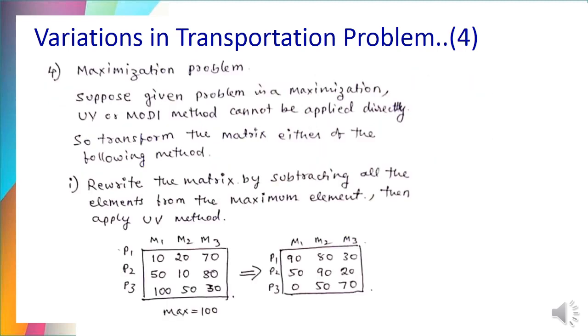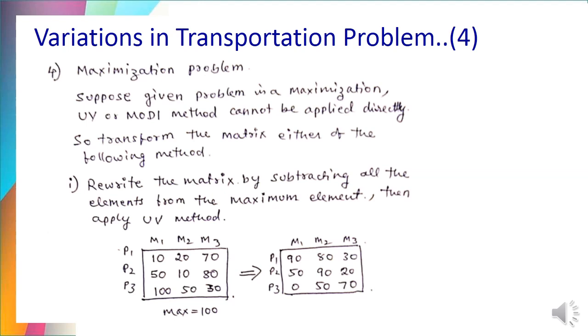The last variation in the transportation problem is the maximization problem. Usually all the transportation problems are basically minimization problems. We need to minimize the transportation cost.